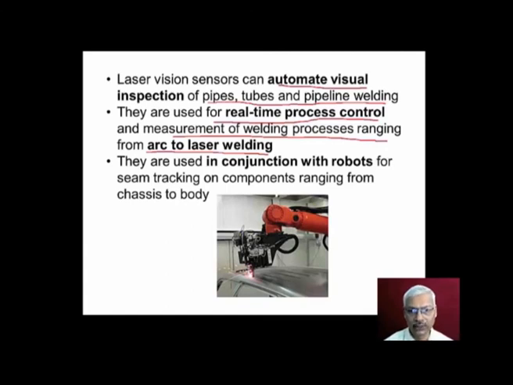They are mounted on a robot. So when the robot moves, the welding is carried out. Simultaneously, the bead is inspected for its quality. So if there is any defect in the weld, the feedback is given to the system so that the rectification can be carried out.